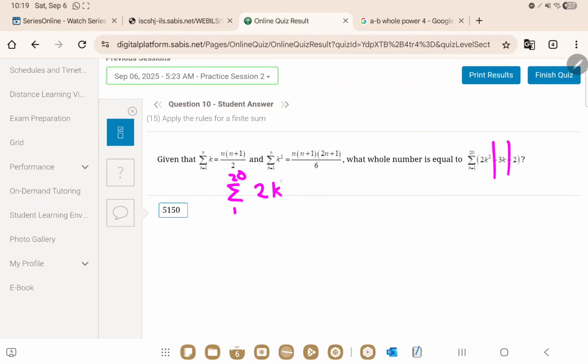So 2k squared minus 3k plus, is this plus? Yeah, plus.